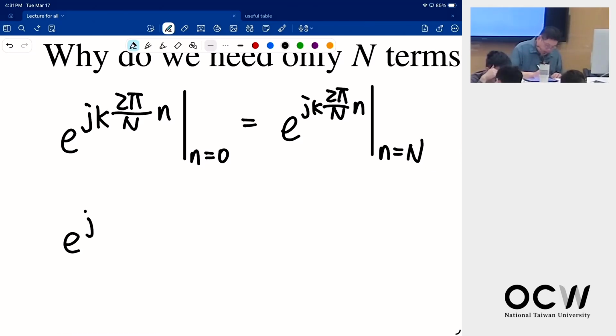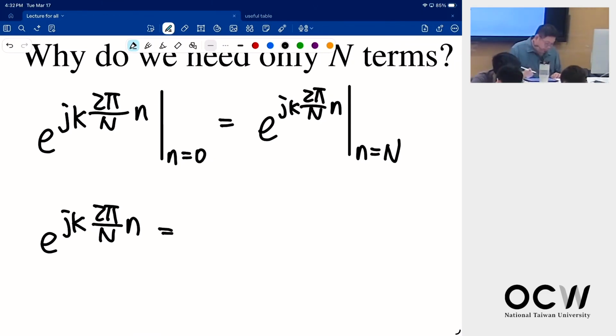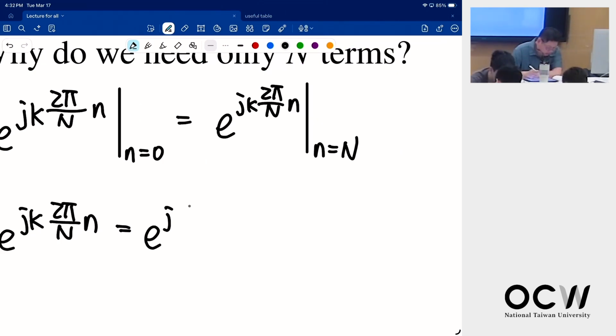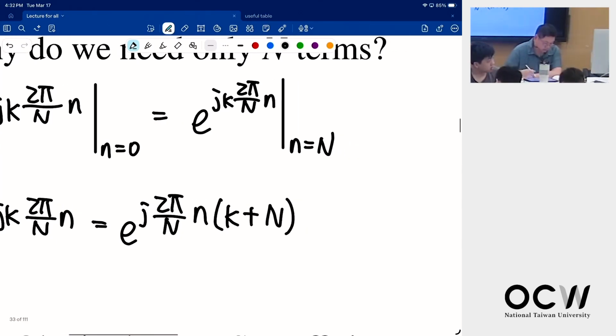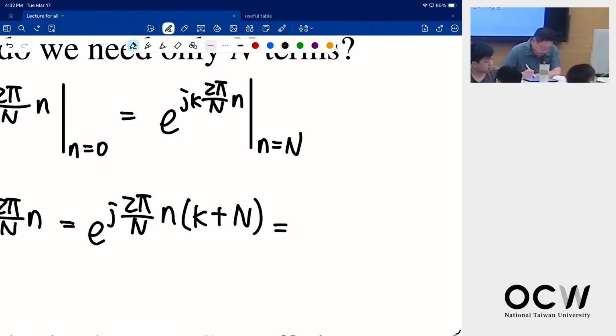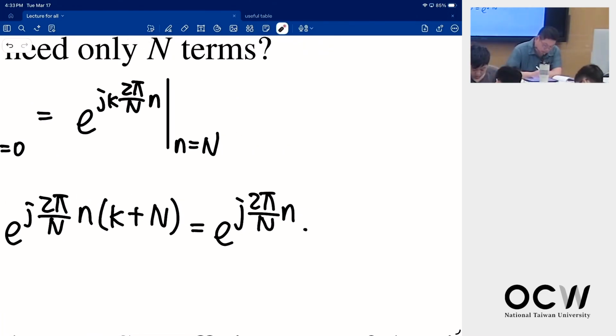And e to the j k 2 pi over N. So this term, if I add, actually this exponential is equal to 2 pi over capital N times k plus capital N, because this is e to the j 2 pi over N lowercase n, and the other one, they will cancel out, so everything will be 1.